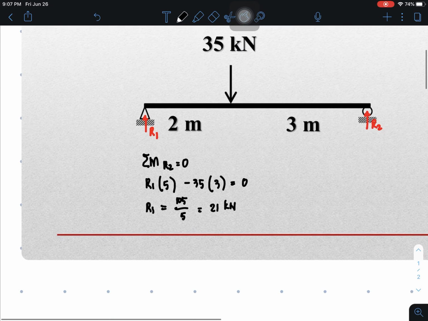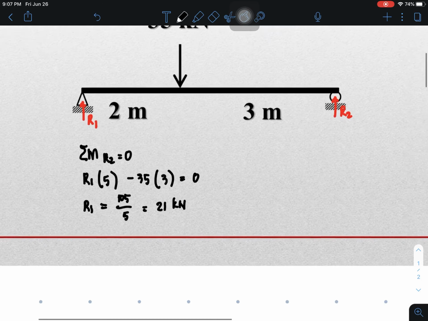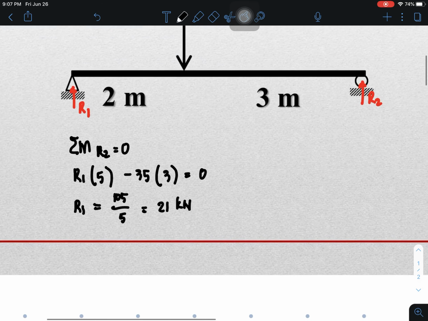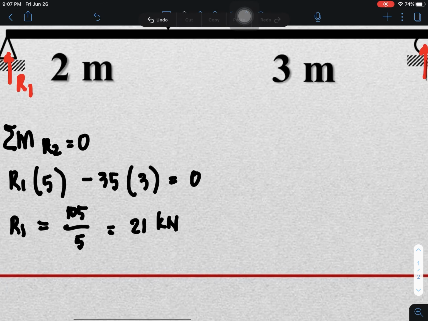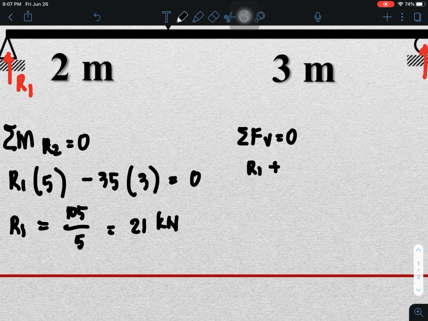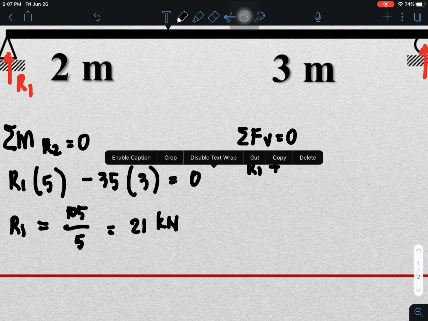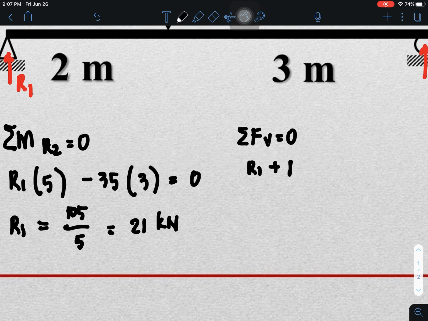So this is our first procedure. It's really important to determine the reaction first. And of course, although we know already that we won't be using R2 because later on we will be cutting through that, might as well get the reaction. So summation of forces vertical equal to 0, you will have R1 plus R2 equal to 35.